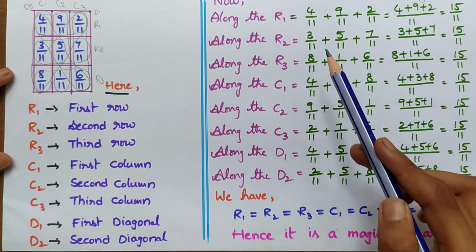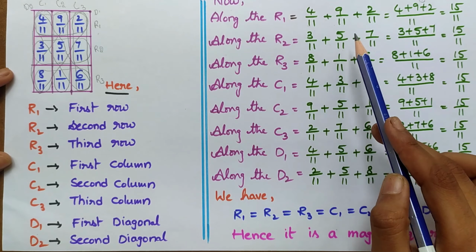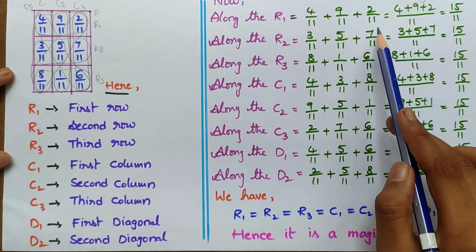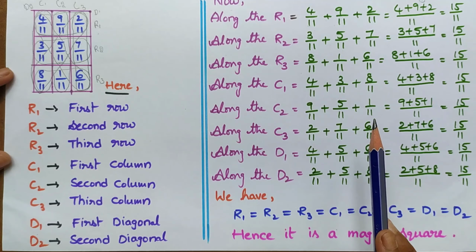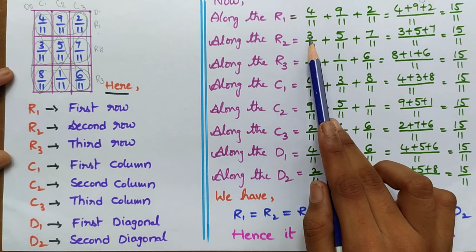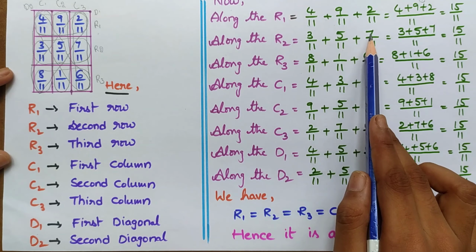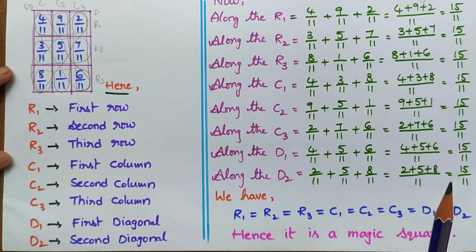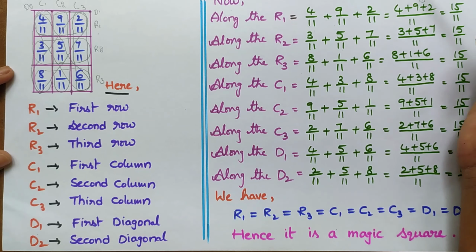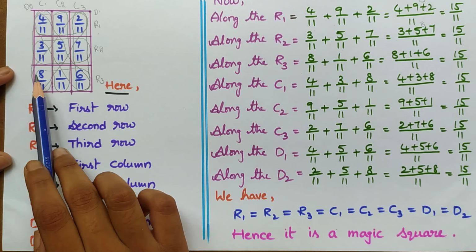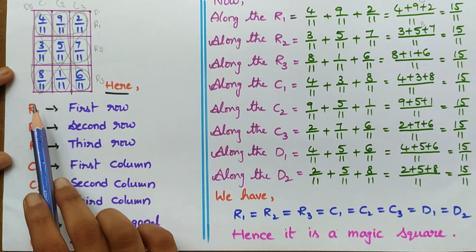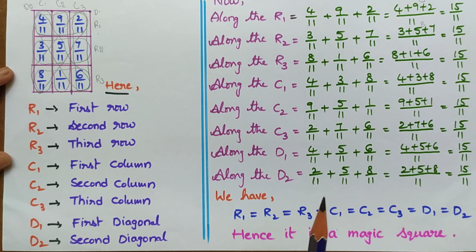So 3 by 11 plus 5 by 11 plus 7 by 11. As they are like fractions, we can write 3 plus 5 plus 7 by 11. So 3 plus 5 is 8, 8 plus 7 is 15 by 11. Therefore, the sum of elements in R2, the second row, is 15 by 11.